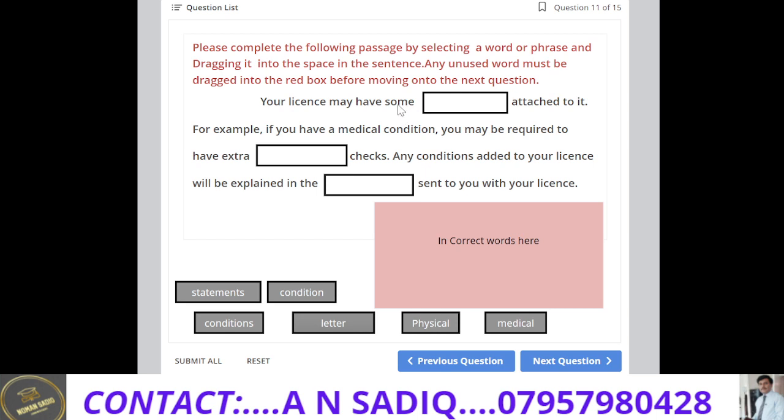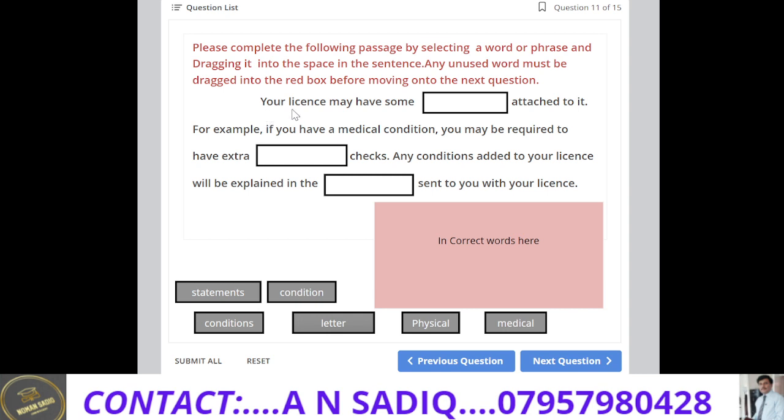Again, there is "some". It is not one, so here there will be a plural word attached to it. For example, if you have a medical condition, you may be required to have some type of extra checks. So you have to choose the word from here. Any conditions added to your license will be explained in something sent to you with your license.